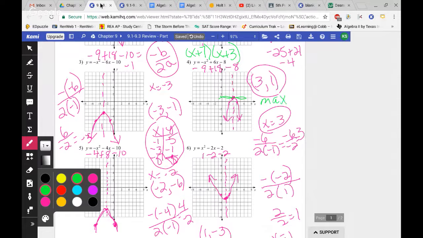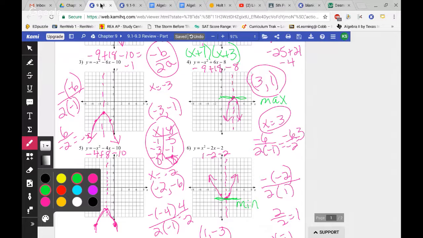It's going to ask you, does this graph have a minimum or a maximum? And that will be for 2 points. So down here, this one has a minimum, right? Because you can't go any lower than that. Then the second part is going to ask you, what is the value of that minimum or maximum? All that is the y-coordinate of the vertex.